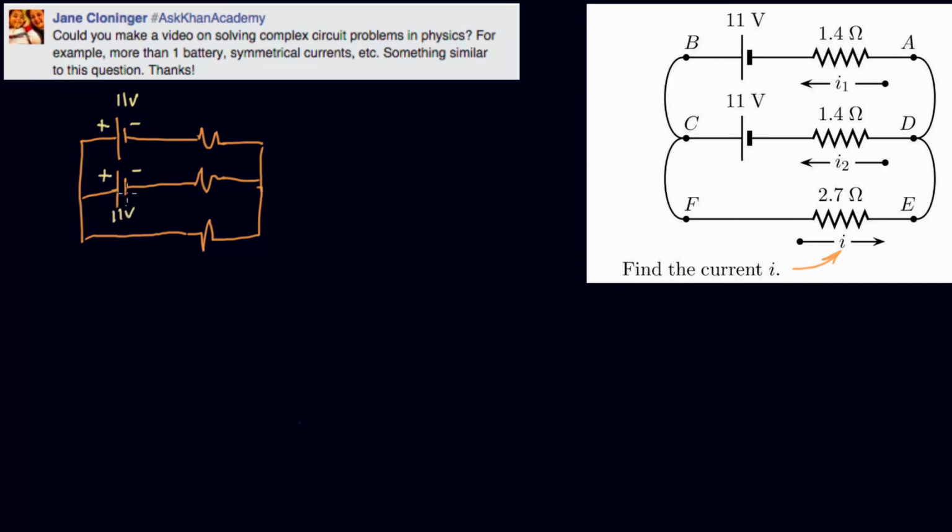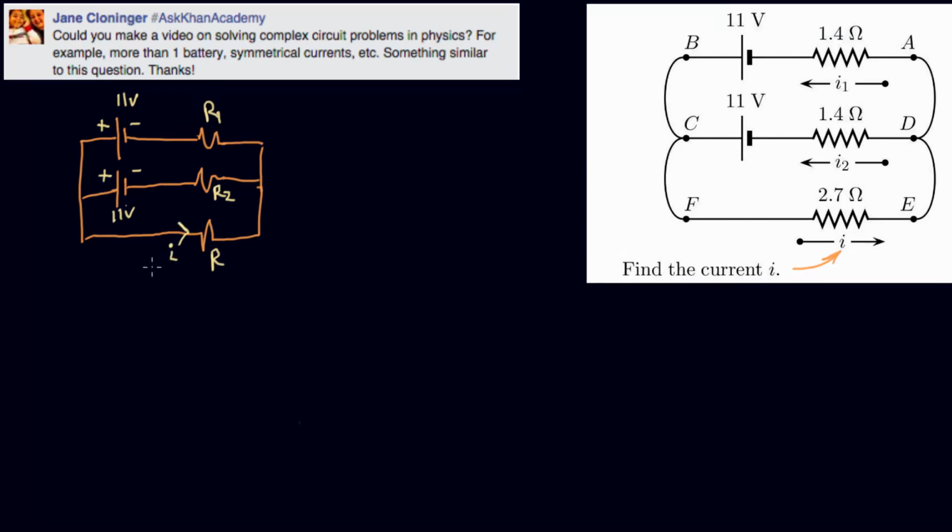And that's going to prove out to be interesting. We'll call this one R1 because the problem had I1 here. We'll call this one R2. And we'll call this one R3, of course. And the current that we're looking for is this current right here. What's that? Okay.